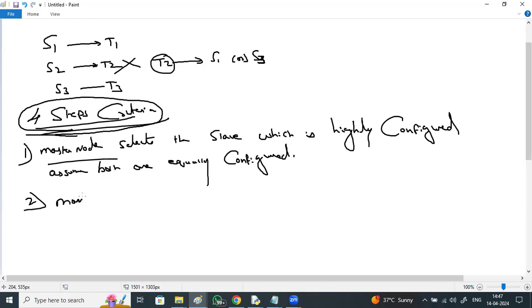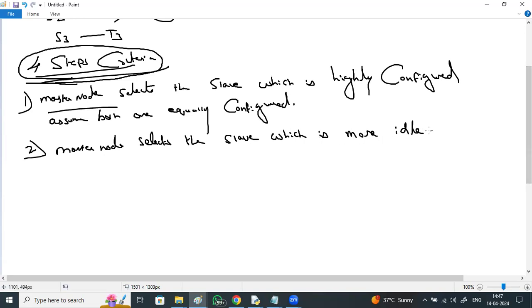Then master node selects the slave which is more ideal.